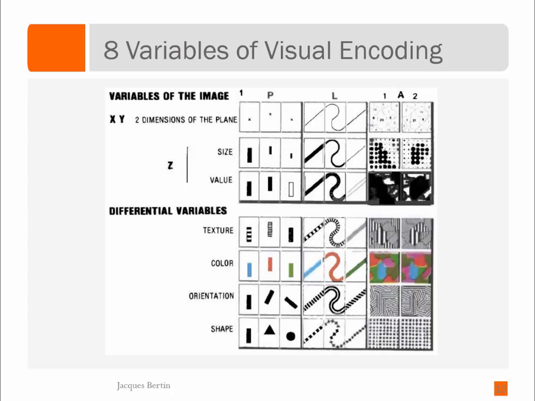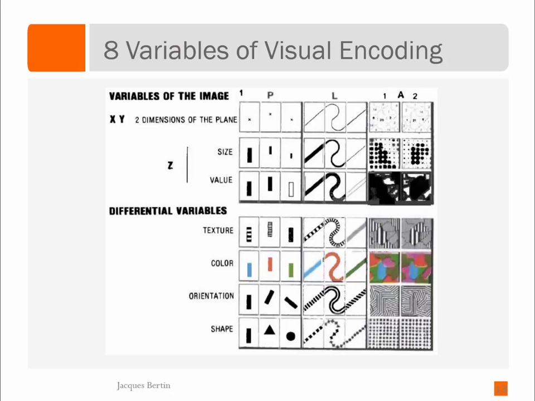So very similarly, we learned at a very young age that some things are larger or smaller, that they're big and small. And this is sort of the same thing that has been represented in visual encoding here. Then we move to value, so we can tell the difference between whether something is shaded or not, has coloration or not, in value. You know, is something lighter or darker.